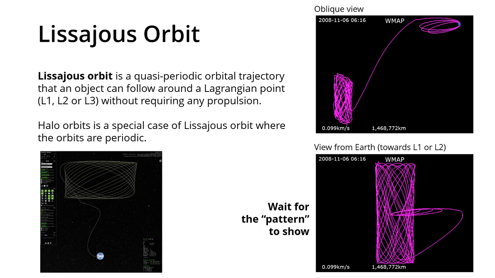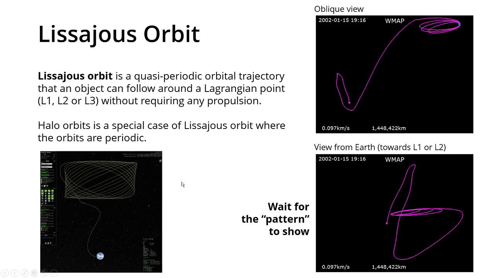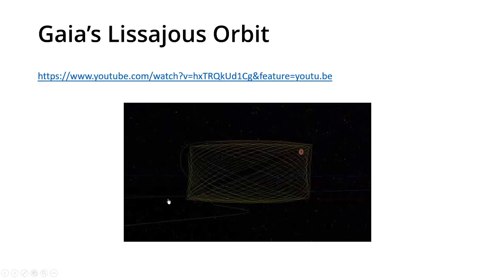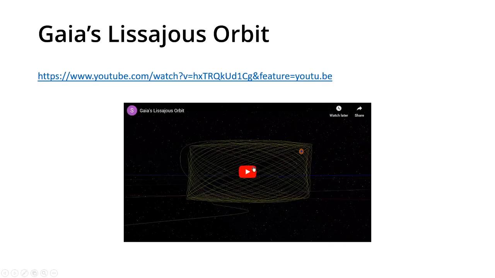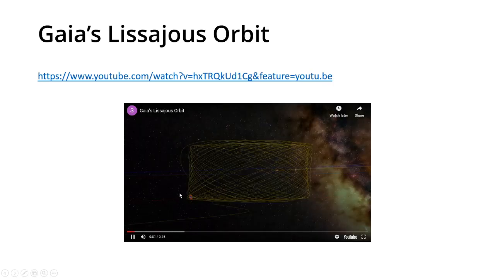And there is a plan to send a spacecraft there. It's called Gaia. G-A-I-A. This is Earth. Send it so that it orbits L2, and this is how the trajectory around L2 looks. This is the Gaia spacecraft. Hopefully you can see this. This is the plan to send the spacecraft into the Lissajous orbit around L2.